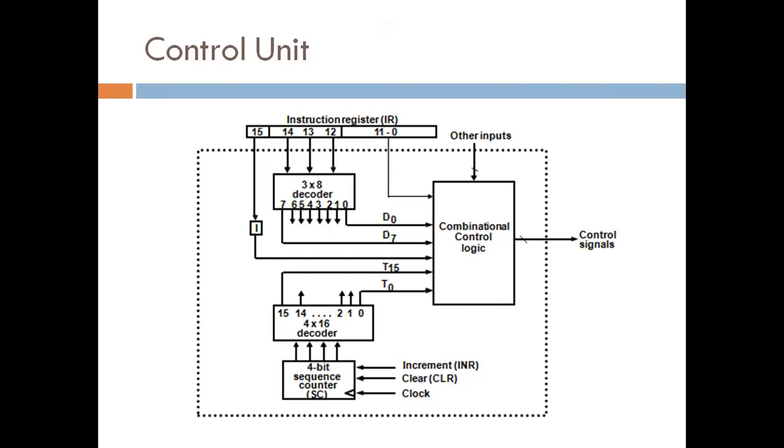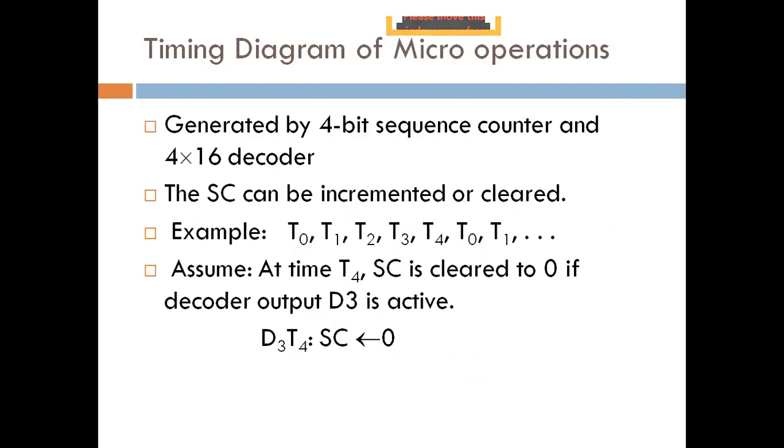The sequential counter can be incremented. What is the task of the sequential counter? It is going to increment with a single clock pulse, or it is going to clear. Clear means that when the instruction has been executed completely, at that time it is cleared. Okay, now for example, say D3 T4: at the time of D3 T4 the sequential counter is 0.